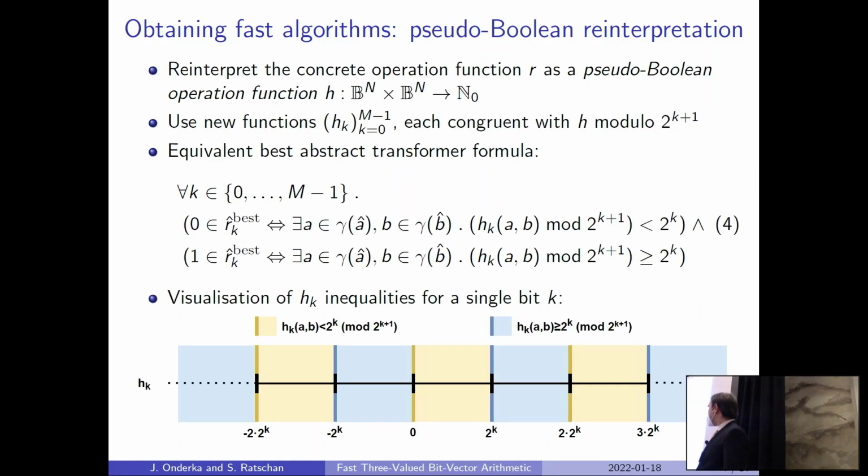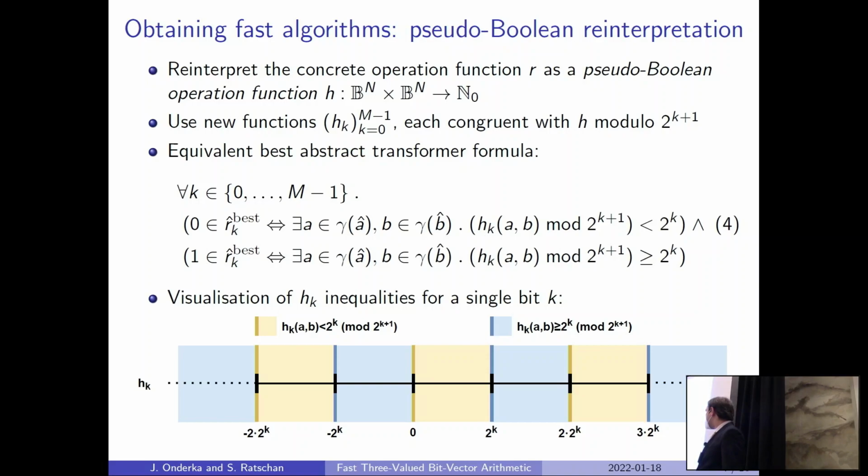Now, after we do some wiggling, we can arrive at equation 4, which gives us the equivalent best abstract transformer formula using h_k. It's not really needed to think about it too much, but I will just point out that each bit k can be considered completely separately, which I will do for the rest of this talk. And we can visualize the inequalities for a single bit k by putting the h_k on a number line.